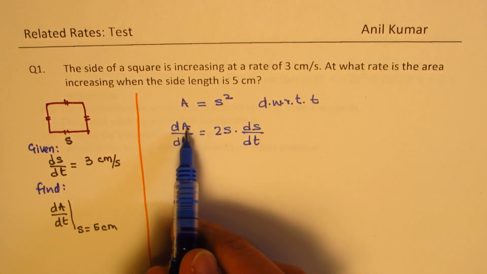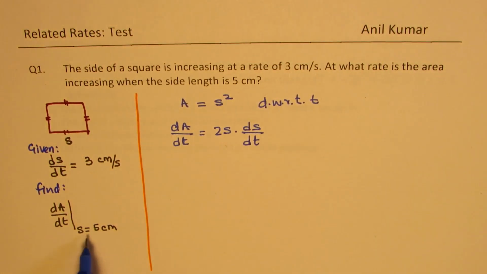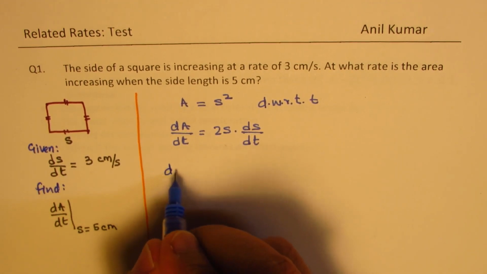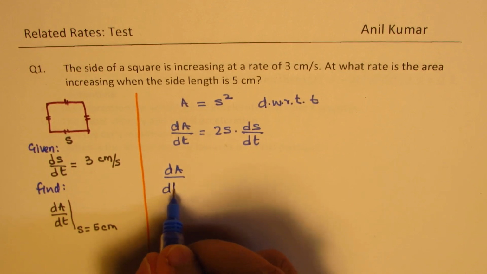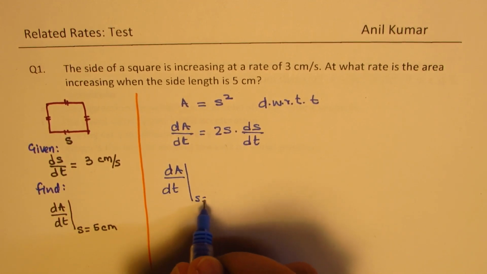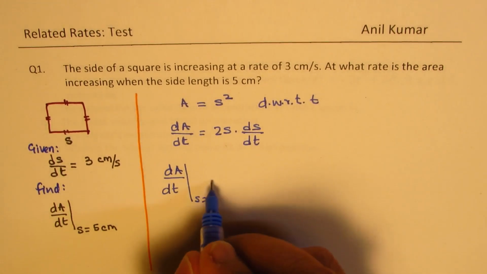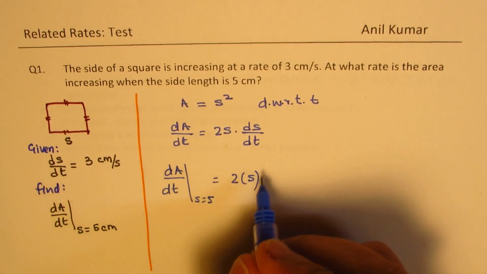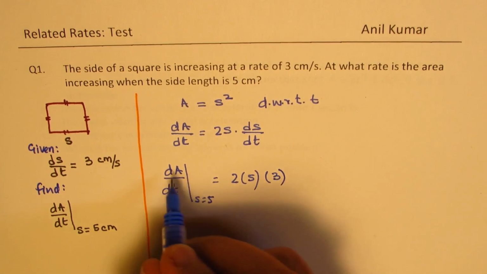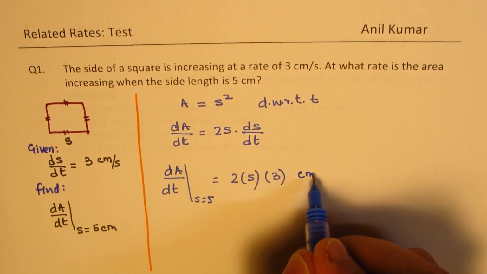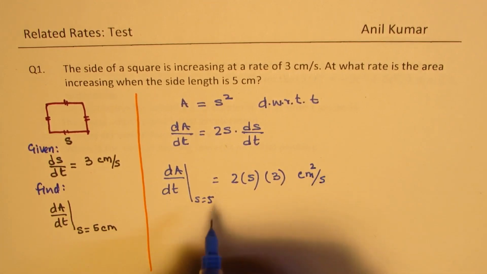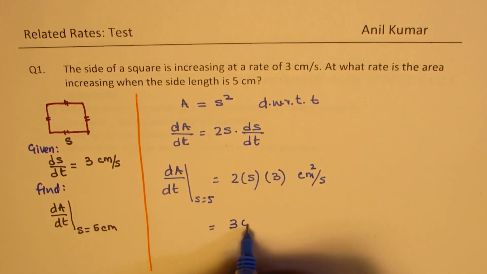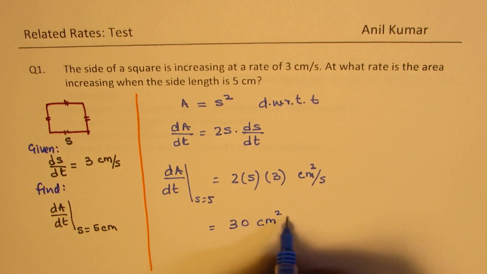We need to find the change in area when s is 5, so let's substitute the given values. We get dA/dt when s equals 5: 2 times 5, and ds/dt is 3. The unit for area is centimeter square per second. So our answer is 10 times 3, which is 30 centimeters square per second.